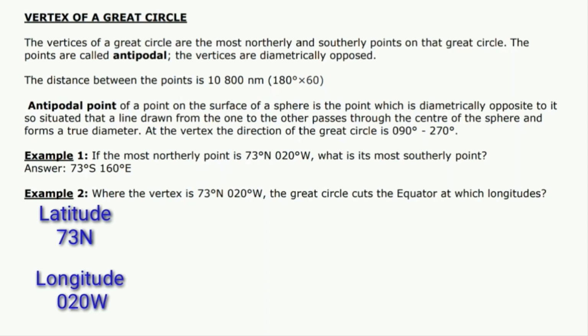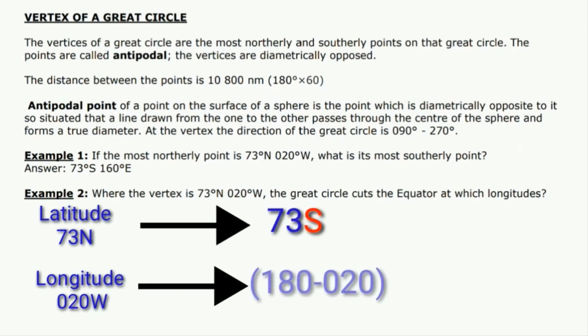Which are diametrically opposite, or you can say if one will be in the northern part, the other will be in the southern part. Now I am going to tell you a very simple method. In this question 73 degrees north is given, that will be the northern part. So for the southern part, the latitude will be 73 degrees south.